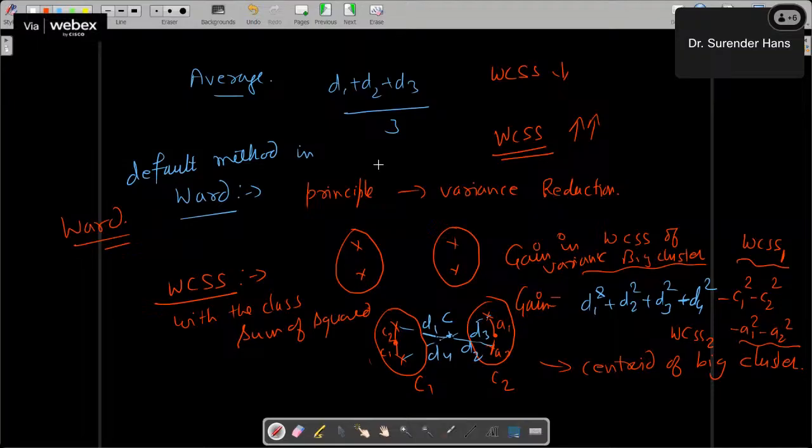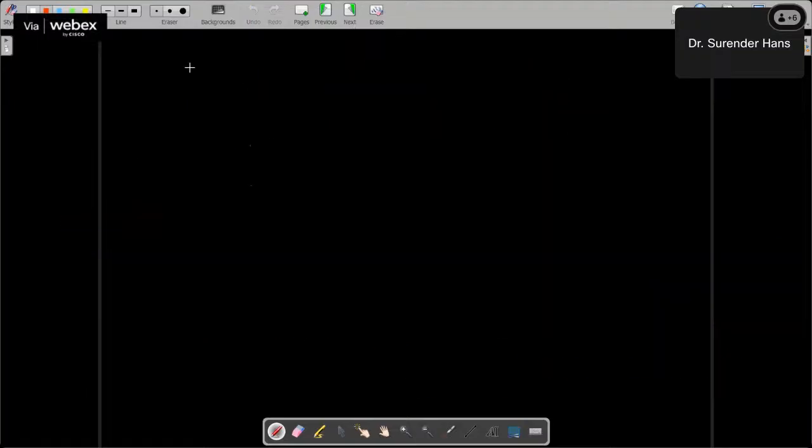Correct? So now, in continuation of this, there is a time complexity and space complexity of this agglomerative hierarchical clustering. So first, let us check this space complexity.